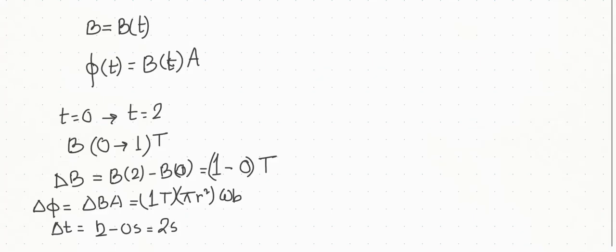Let us see the EMF induced from t equal to 0 to 2. What is the EMF induced? Sorry, not del B. It is del phi by del t. So del phi you have already calculated. Del phi divided by del t.